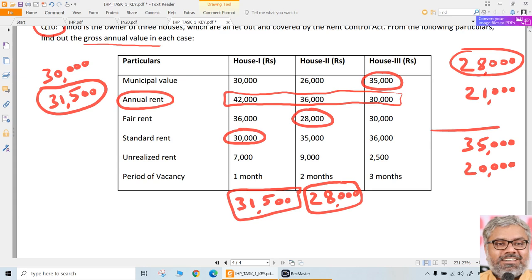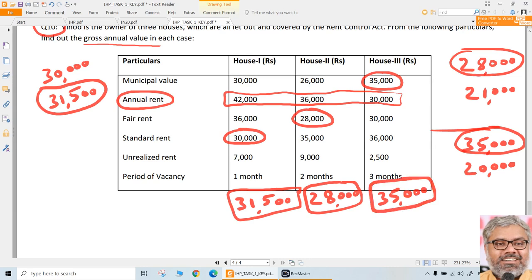Even after deduction of unrealized rent also, it would be 27,500. That would have been lower than expected rent even without vacancy also. Which means once again, exception is not applicable. Whichever is higher itself becomes gross annual value. That means 35,000 is the final answer for this question, that is house number 3.